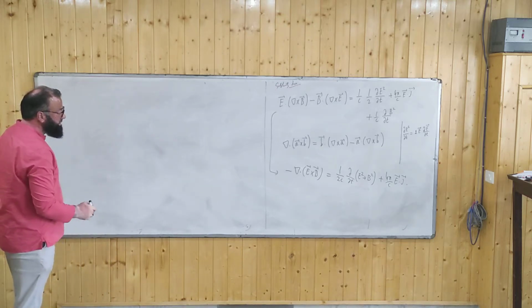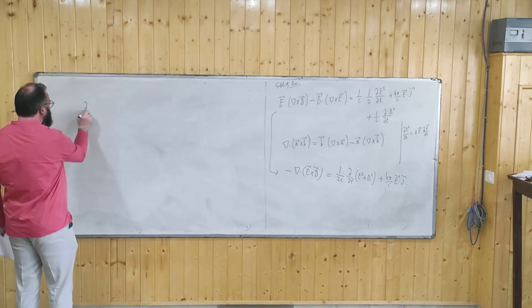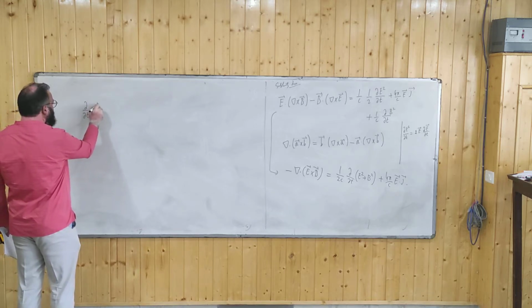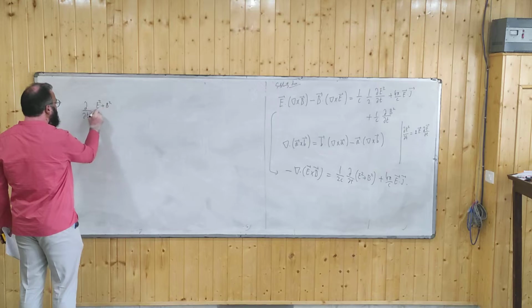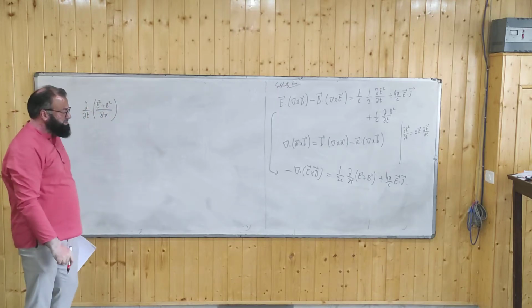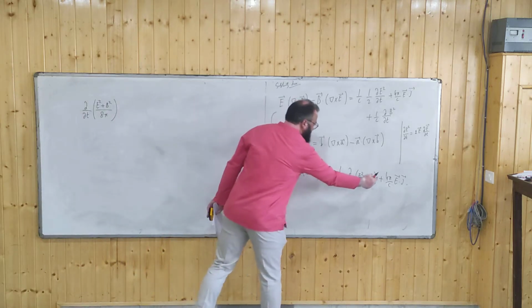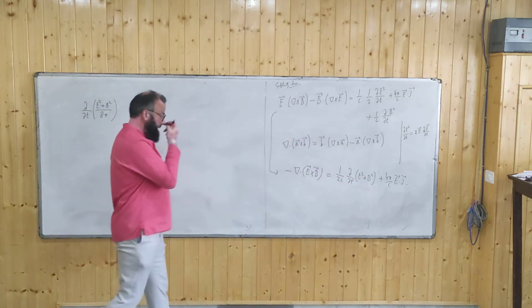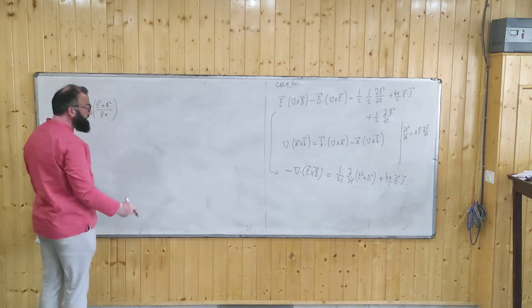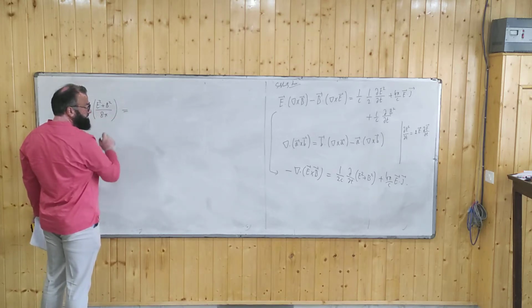Let's write it this way: partial by partial t of E square plus B square divided by 8 pi. So that means I am taking this 4 pi common. Then it's equal to, anybody?